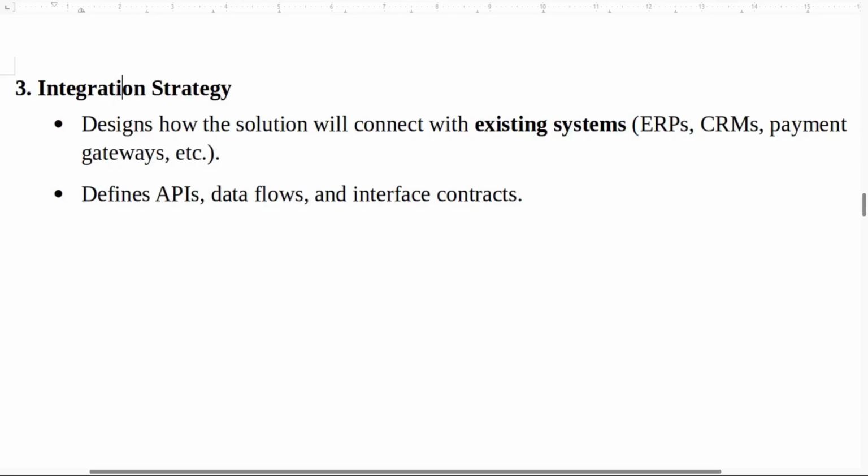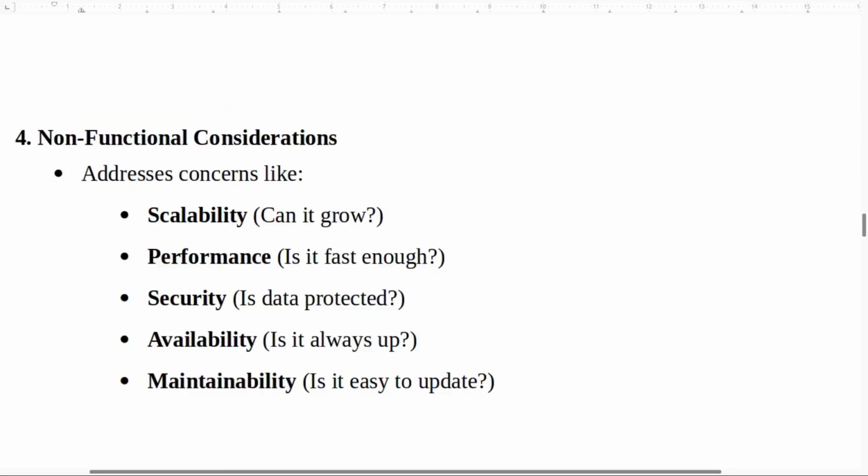The next important consideration while architecting a system is to ensure the system can integrate with other existing systems. For example, in the e-sign application we discussed earlier, the new solution should be able to update the same system of records that the existing manual system updates. The design of data flows and APIs are also part of the integration strategy.